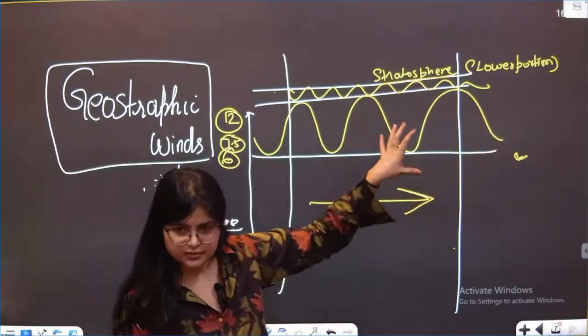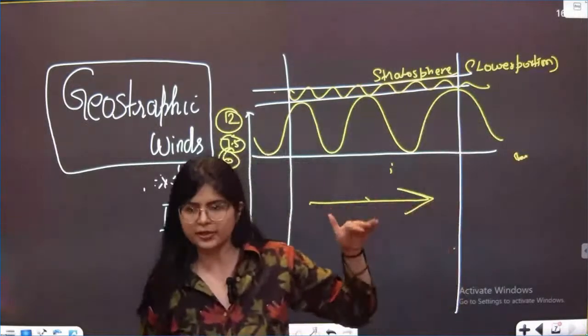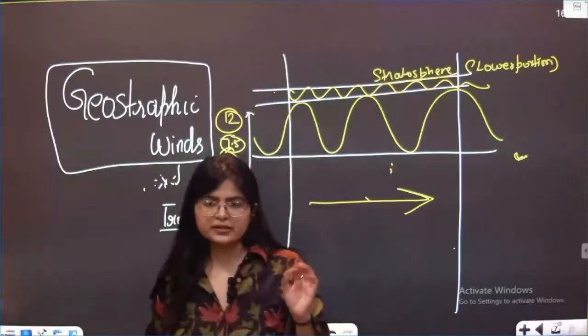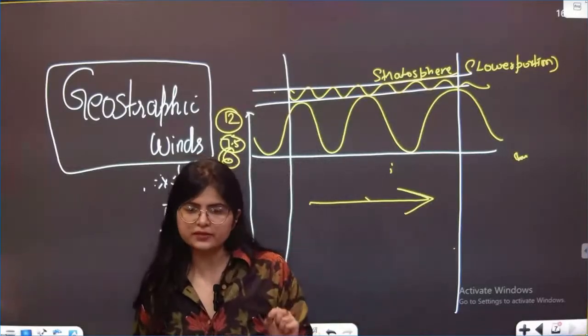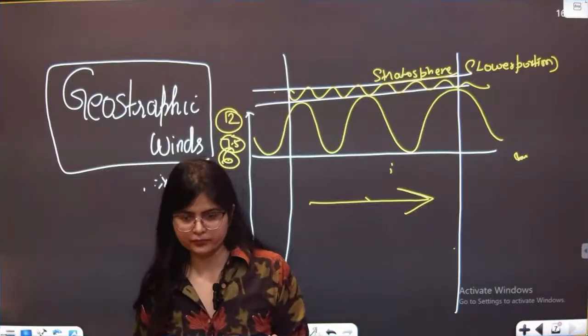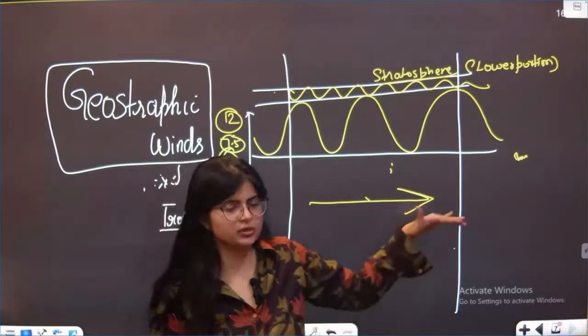How is Coriolis force related? They only deflect. There was a question in Prelims 2024 on Coriolis force. A very simple question: in one of the options, they were asking where the Coriolis strength is maximum, at the poles or at the equator.